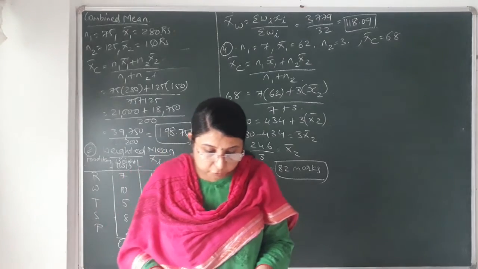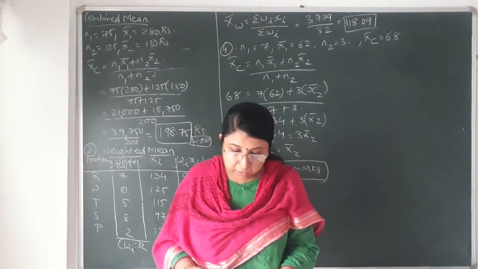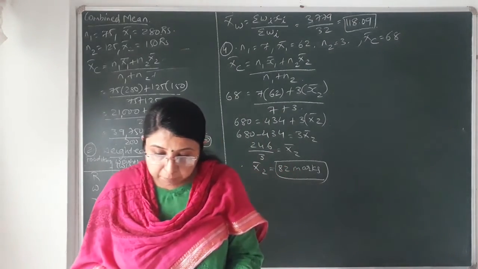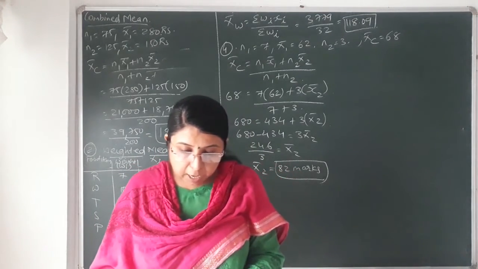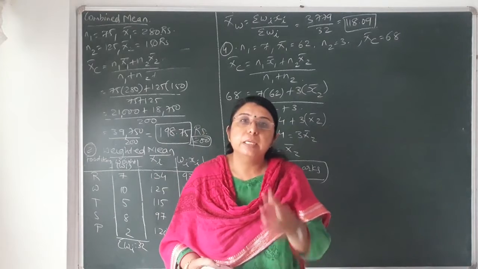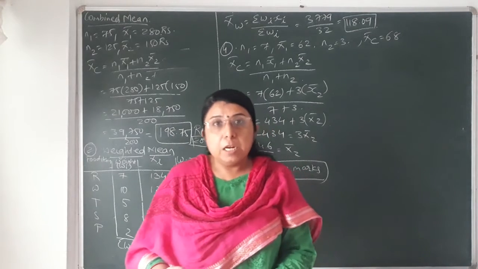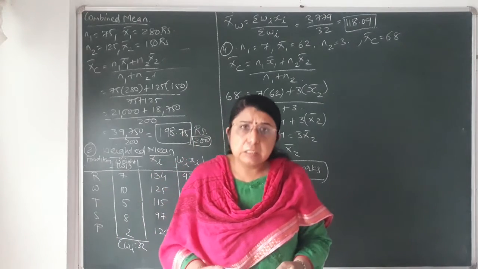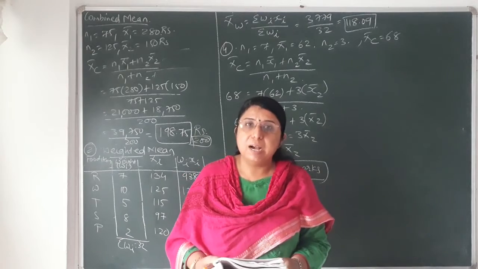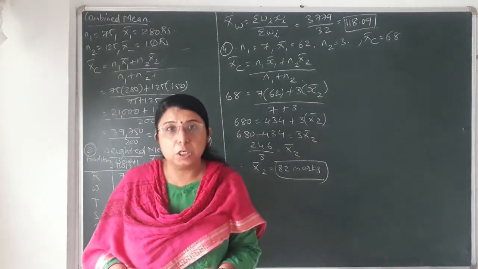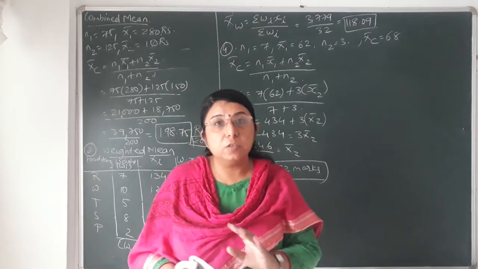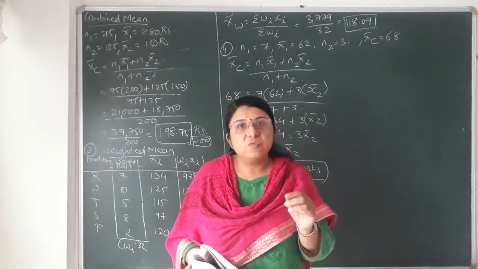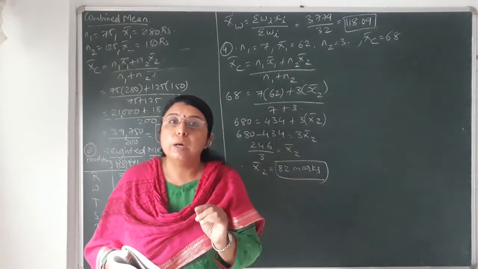The mean marks of a student in 7 theory papers is 62. What should be the mean marks in 3 practical examinations so that his mean marks for the entire examination is 68? Now students, the mean marks of the 7 theory papers is given to you, that is 62. And the mean marks of the 3 practical papers is not given to you. It means we have to find x2 bar over here.